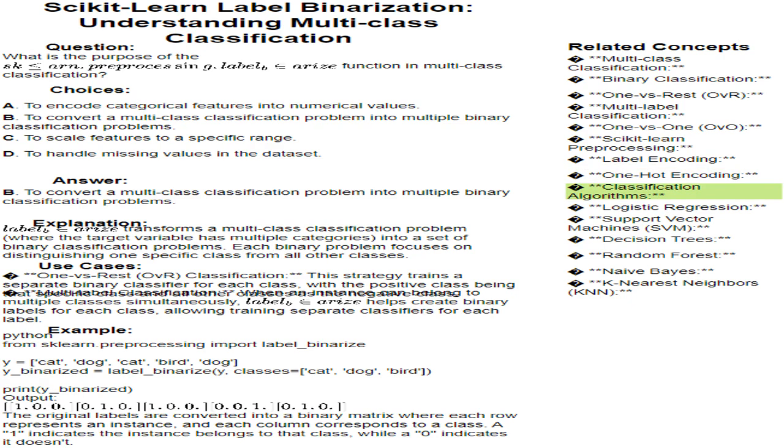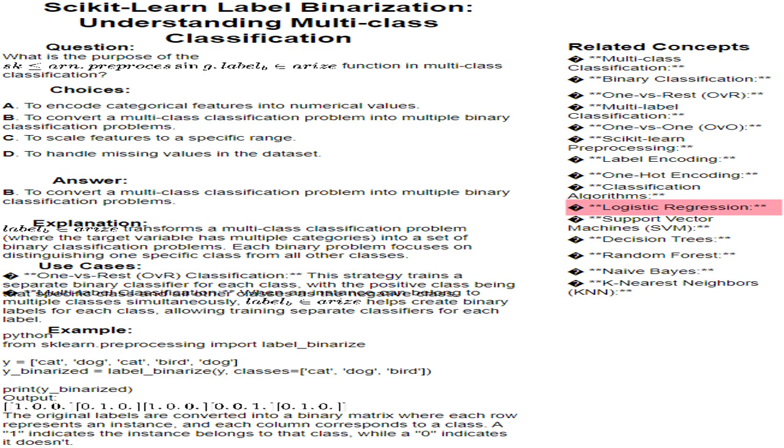Classification algorithms: algorithms designed to predict a categorical target variable. These include logistic regression, support vector machines (SVM), decision trees, random forest, naive Bayes, k-nearest neighbors (KNN), and many others. Logistic regression: a linear model used for binary and multi-class classification.